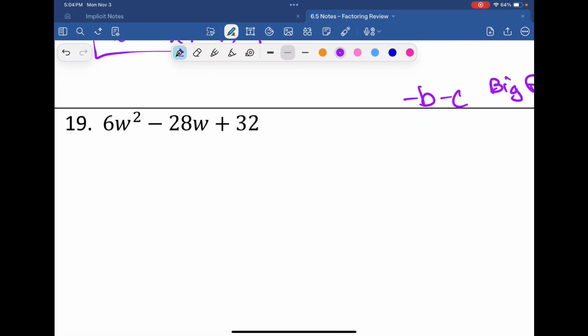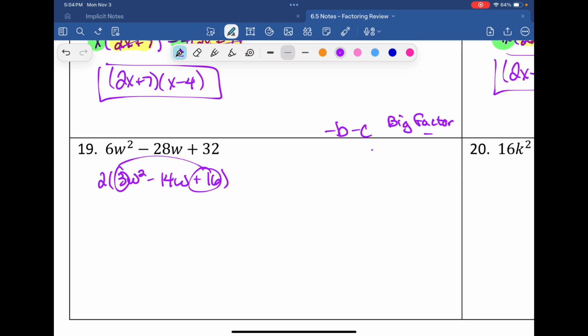Whatever is left. GCF first, so 2. Leading coefficient is 3 divided by 16. So this time we have negative b, positive c. This means both are negative.